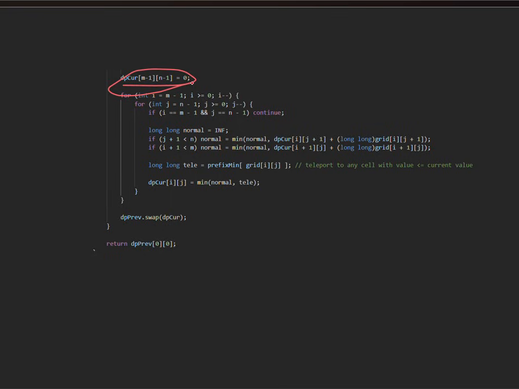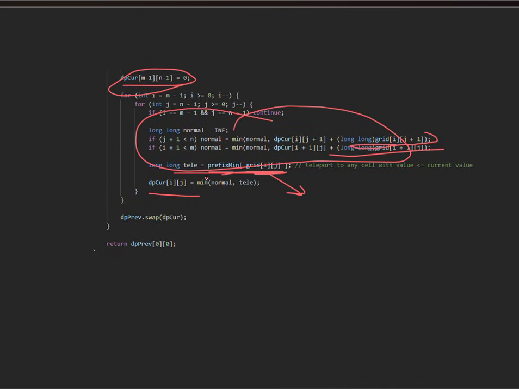Then we check the right one, we check the left one, and then we teleport. The value at grid i, j is used, and prefix min of this will give us the minimum distance by which we can go to the final cell. And dp current of i, j is equal to the minimum of all these three.